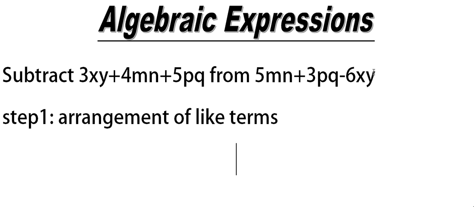These are the two expressions given. In the second expression we again have three terms: the first is 5mn, the second is 3pq, and the third is minus 6xy. Now the question is: you have to subtract 3xy plus 4mn plus 5pq from 5mn plus 3pq minus 6xy.